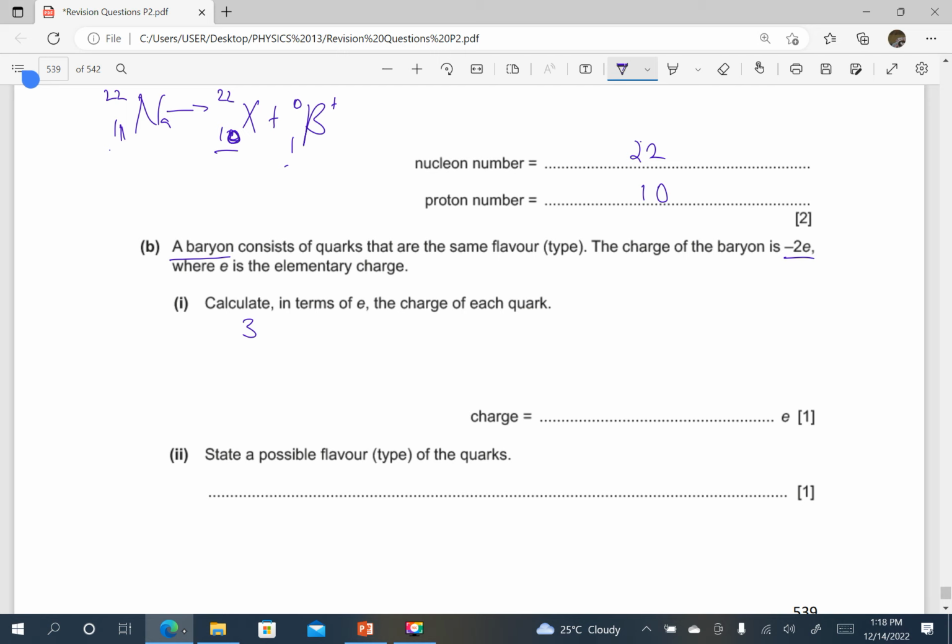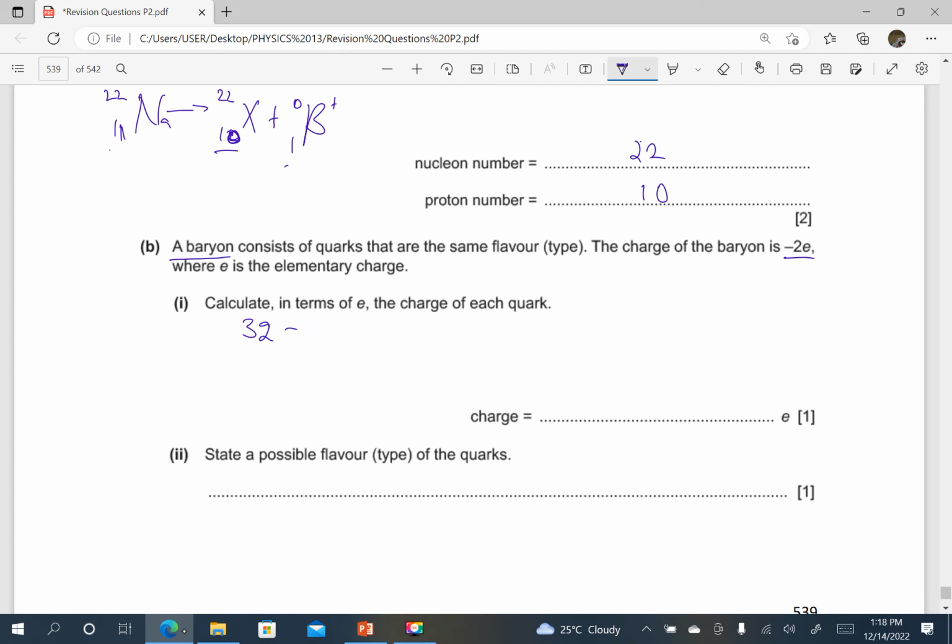We know that a baryon is a hadron which has 3 quarks. So a baryon has 3 quarks.